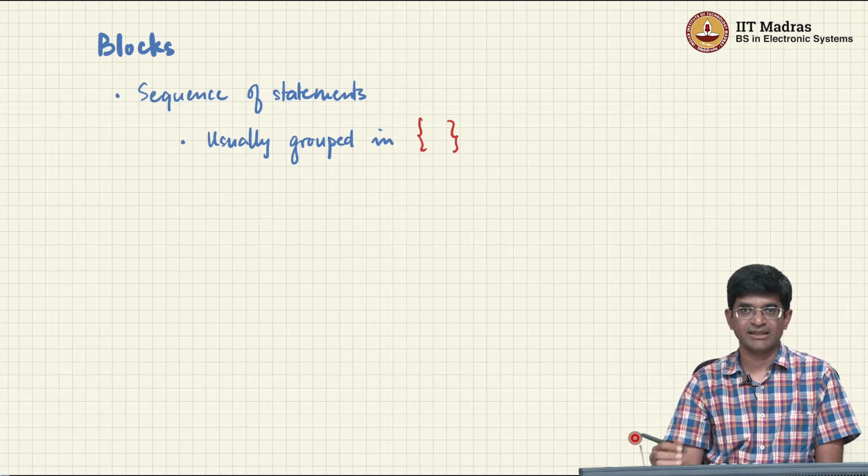Now we have already seen that there are scoping rules for variables, where if I declare a variable inside a block, then it actually has a different meaning than the variable outside the block, right. What we would like to do is to see how we can go one step further than that.